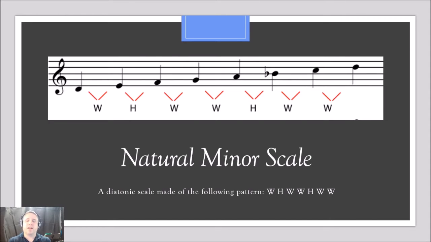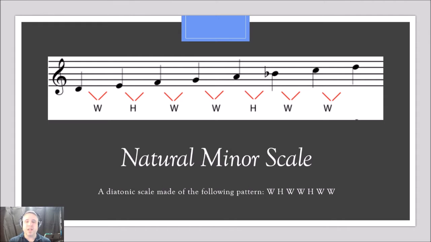The other diatonic scale we're going to talk about today is the natural minor scale. There's also the harmonic minor and the melodic minor, but for today's purposes we're just going to talk about the natural minor. It has the following pattern: whole step, half step, half step, whole, whole.